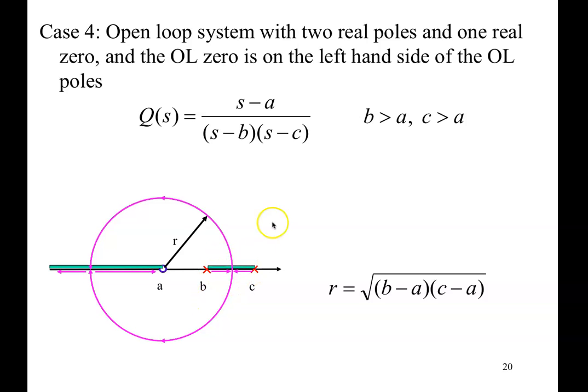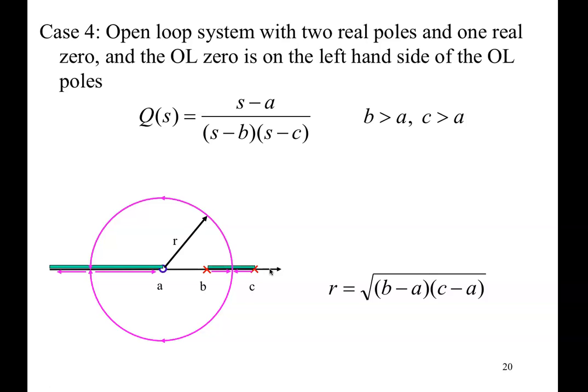So between B and C, if you look towards the right, there's only 1 pole. So this section is on the Root Locus. Between sections A and B, there are 2 poles towards the right-hand side, so this section is not. On the left-hand side of A, you have 1 zero, 2 poles. Therefore, this section is on the Root Locus. If you look at the right-hand side of C, any point here, look further towards the right, there are no open loop zeros, so therefore this side can't be.